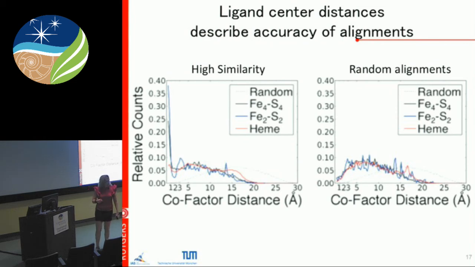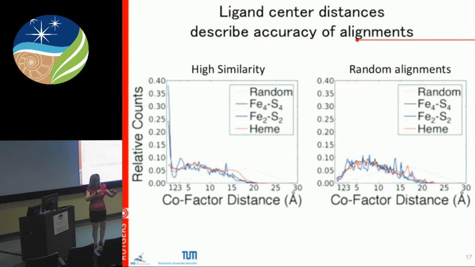So we actually asked this question for alignments of protein structures. This is all protein structures that we can get where we're aligning iron-sulfur clusters and heme-binding proteins, right? So we're aligning their centers, their 15 angstrom spheres. And what we see is that the x-axis here is the cofactor distance, and we see this distribution of the number of alignments over the ligand distances, right?